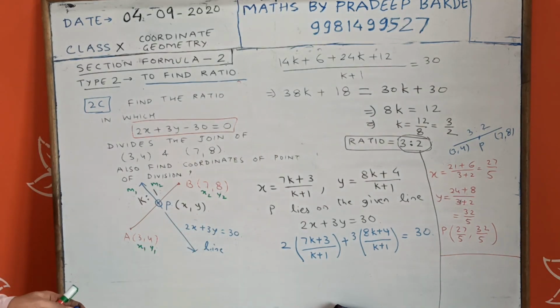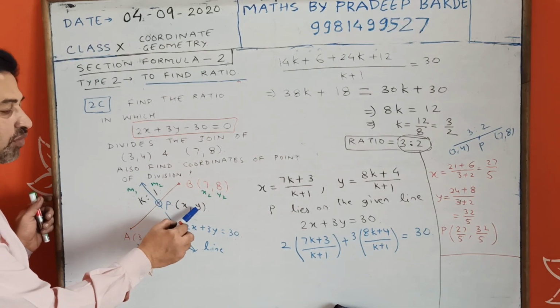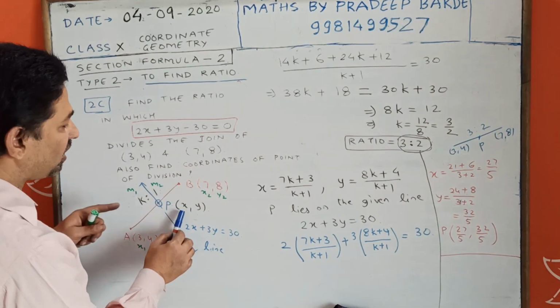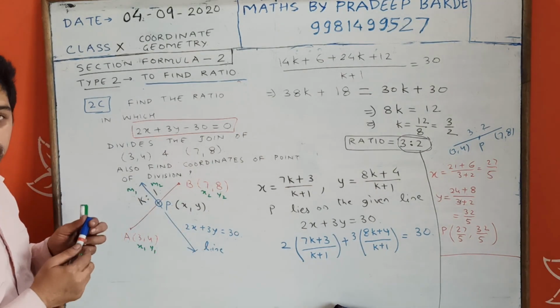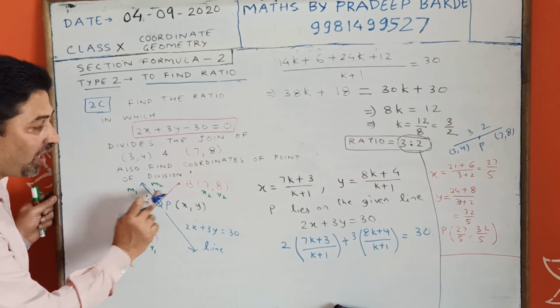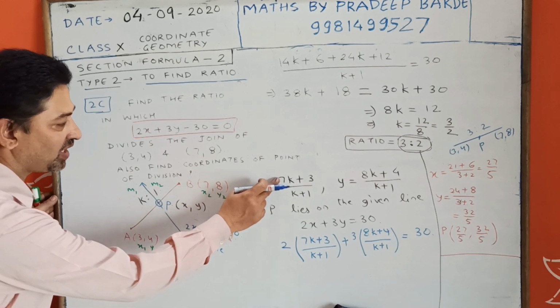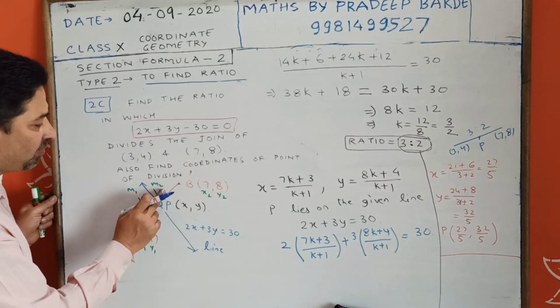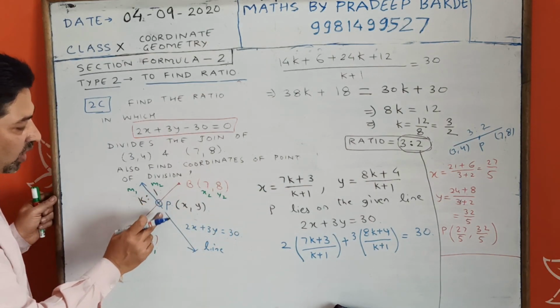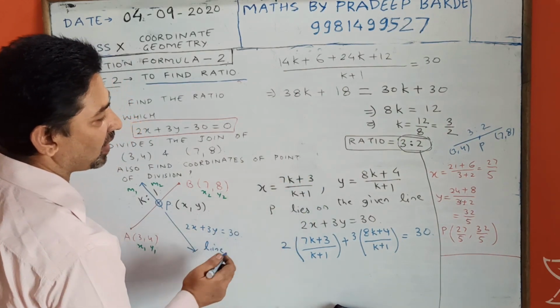Now we'll apply the section formula. First for x, then for y, and write the value of x and y in terms of k. So here x is equal to m1 x2, that is k into 7, that is 7k, plus m2 x1, 1 into 3, that is 3, upon m1 plus m2.